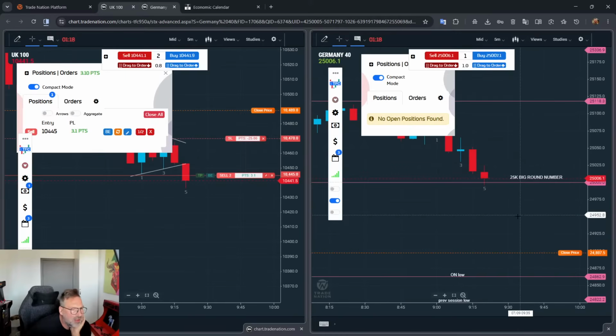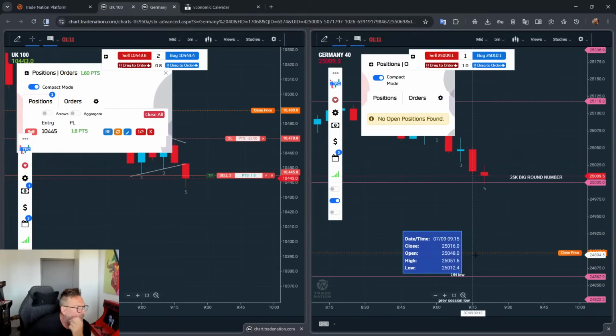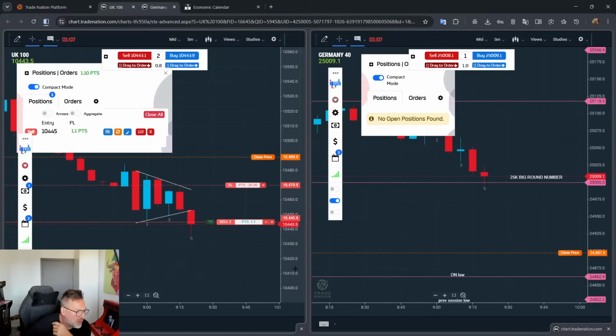The danger that I see is that bulls will make an attempt to defend the 25,000 here, and that will also inspire the FTSE a little bit.